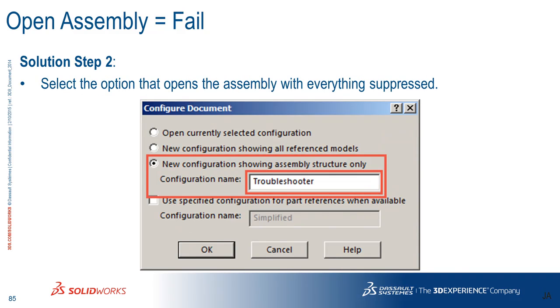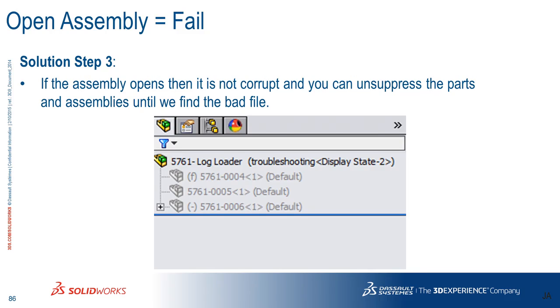So we select the option that opens the assembly with everything suppressed, a new configuration showing the assembly structure only. You type in the configuration name you want. We call it troubleshooter in this case. The assembly opens up, and if it does, we know it's not corrupt at that point.